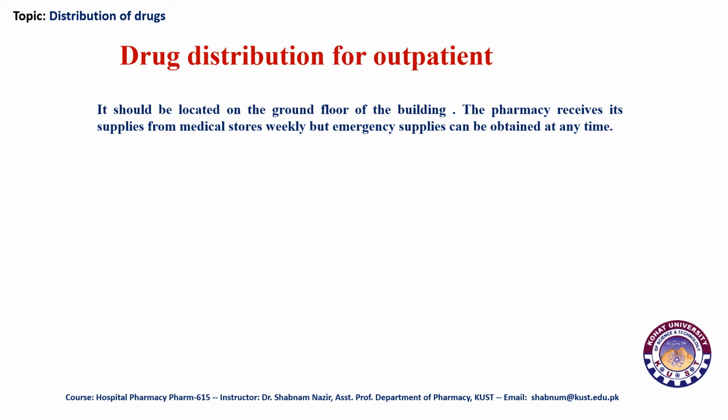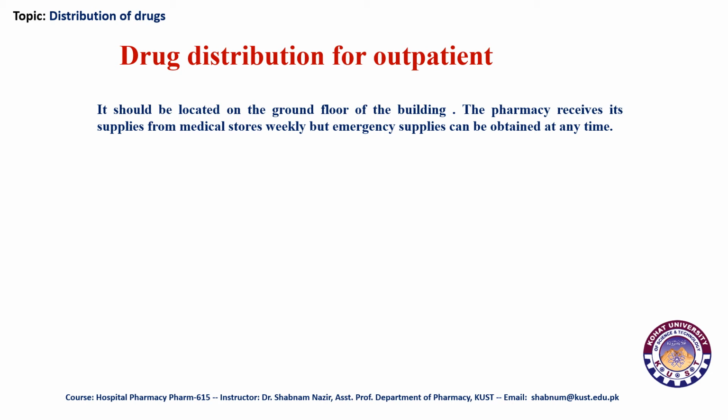Here it is mentioned that it is the ground floor, but it's not necessarily so. Maybe it is not a building with that many floors. Basically, the outpatient location is such that going patients easily get the medication and can easily go away, as it doesn't require them to stay or any hospitalization.